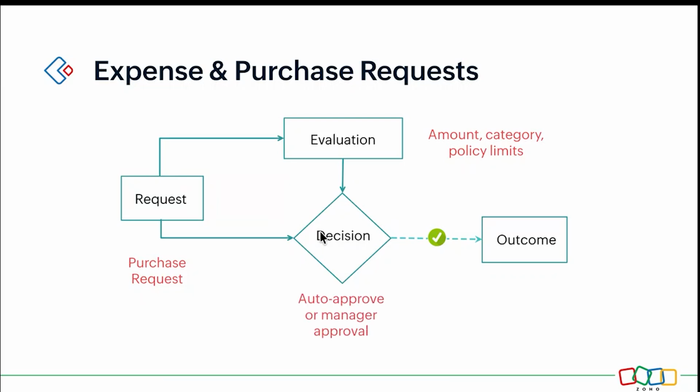Then it goes into the decision, where auto approval or manager's approval is done. Once the decision is done, we store the outcome: approved, rejected, or sent back for clarification. You can see the flow or design is the same. Only the rules followed in expense and purchase requests differ from discount request management.